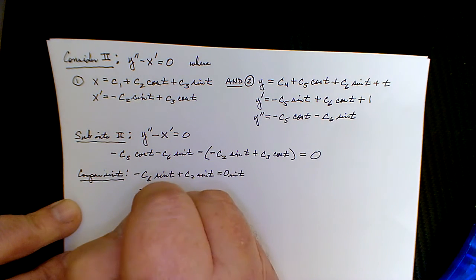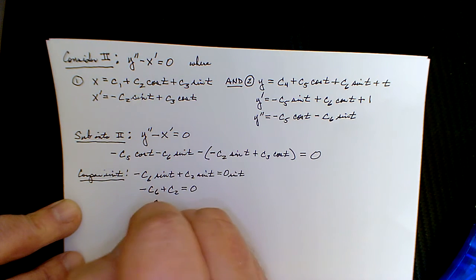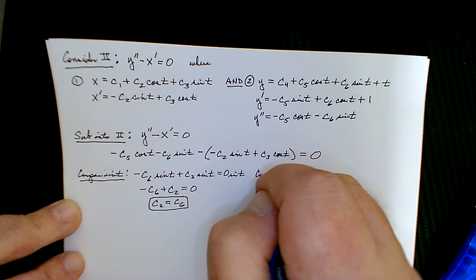Dividing out the sine t's, minus C6 plus C2 would be 0, so therefore C2 is equal to C6. So that's something we know.